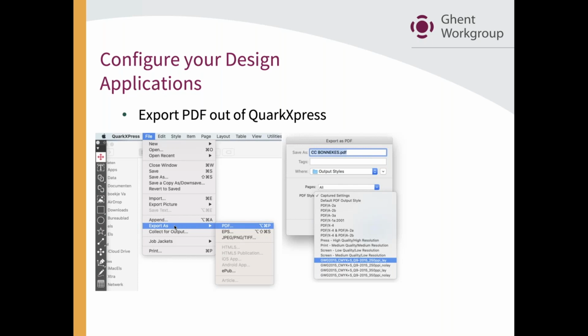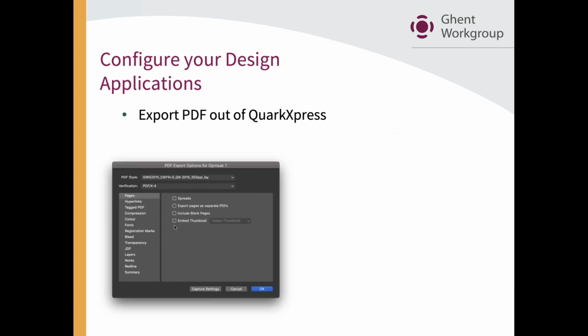As Carol already said, you can also download Preflight Settings for the digital cut sheet versions. So then you get this possibility, and if you want, there's an Options button in which you can adapt, change or specify a lot of settings. Here we can include blank pages, which is not the PDF/X-4 standard, but you can do it like that.